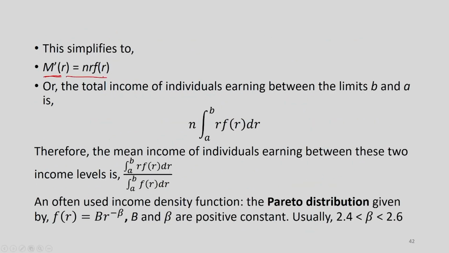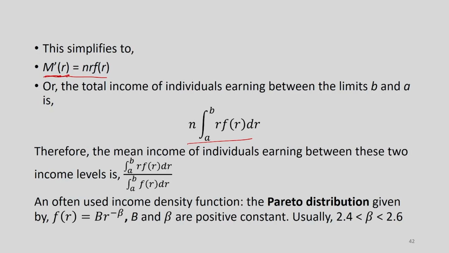m dash of r is equal to n r multiplied by f(r), or the total income of individuals earning between the limits a and b is this, because this is the derivative, right.